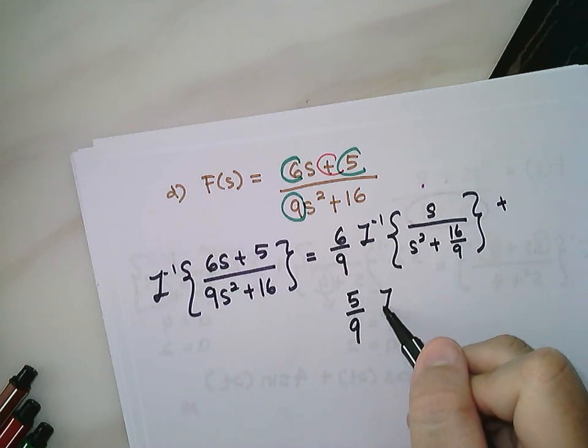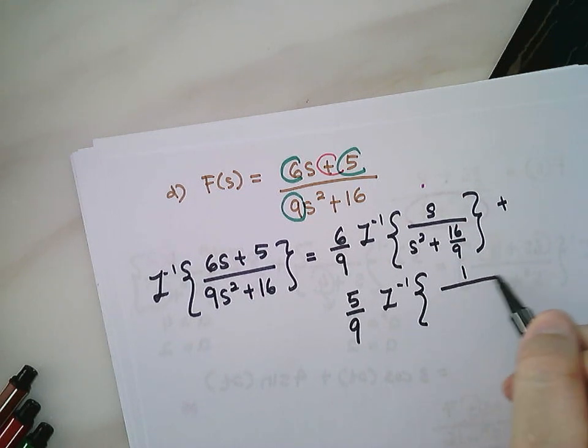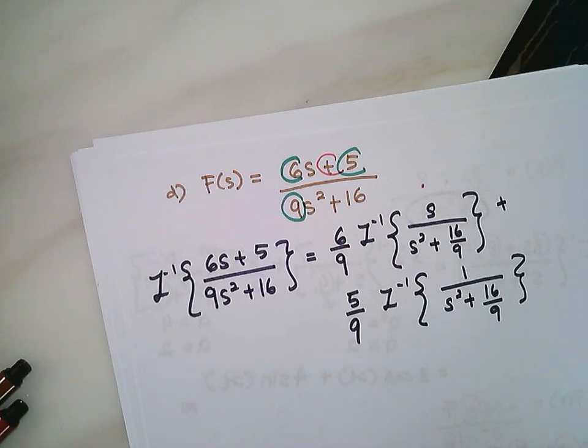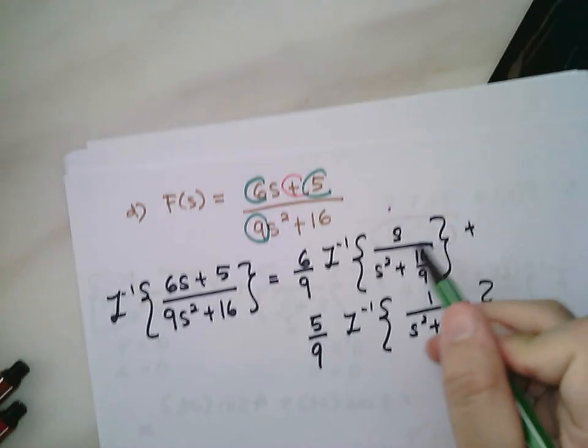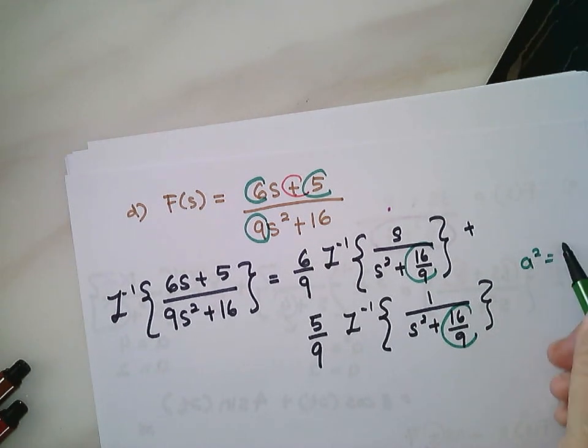So the inverse of 1 over s squared plus 16 over 9. Define what is your a here. Your a squared is equal to 16 over 9, so you know that your a is equal to 4 over 3.